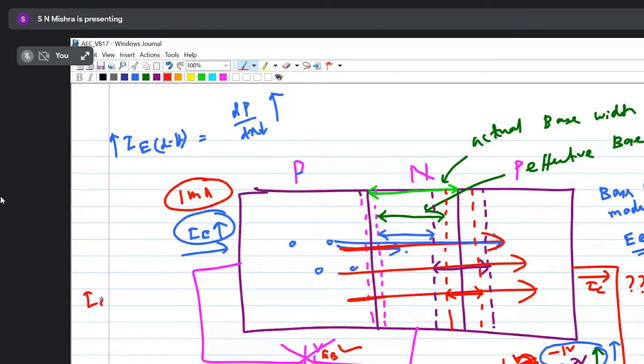IC equals alpha IE. Alpha is less than 1. So if IE is 1 milliampere fixed, then how much maximum IC will I get?